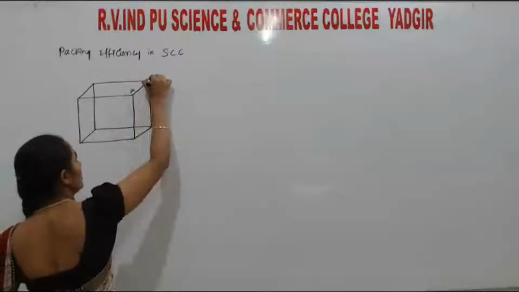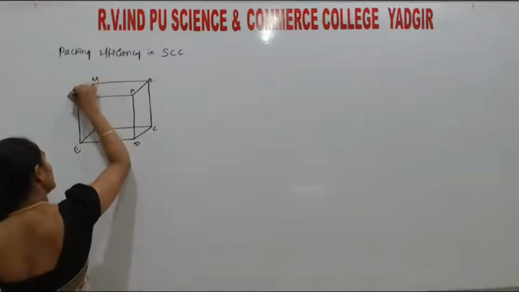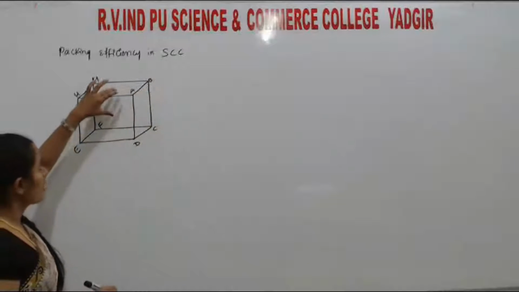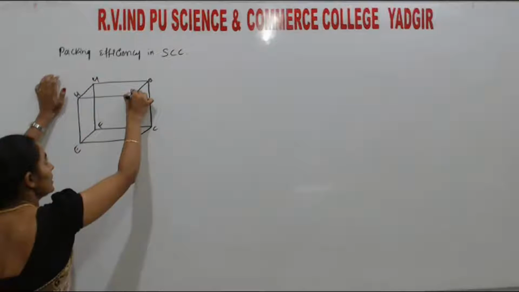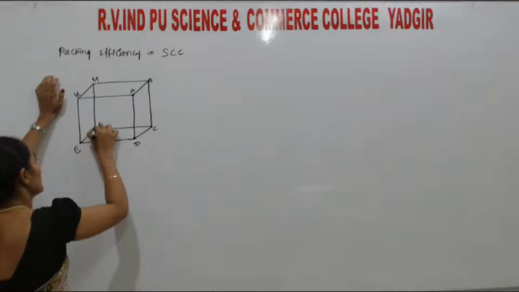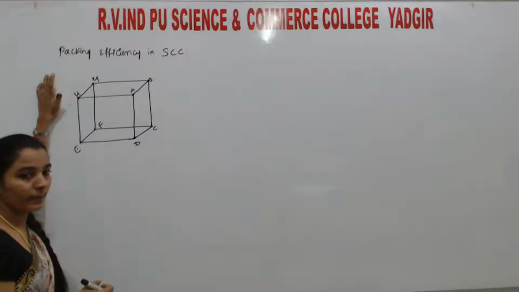This is A, B, C, D, E, F, G, H. Simple cubic cell means the constituent particles are only present at corner positions. There are no other positions. There is no face, there is no body.